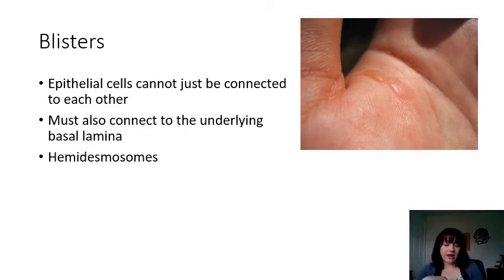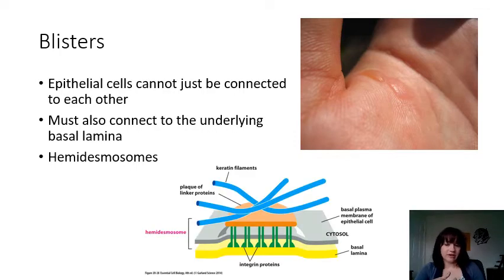And the particular type of cell junction that is important for epithelial cell attachment to the basal lamina is called a hemidesmosome. So desmosome, we've heard about that before. Hemi is half, right? So in this case, a cell is using keratin and this plaque to interact not with another cell, but with the basal lamina. We said that basal lamina is made out of collagen and laminin, right?